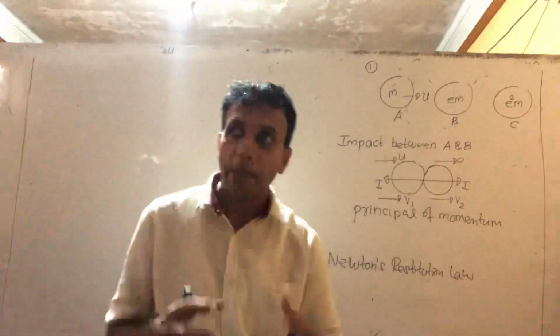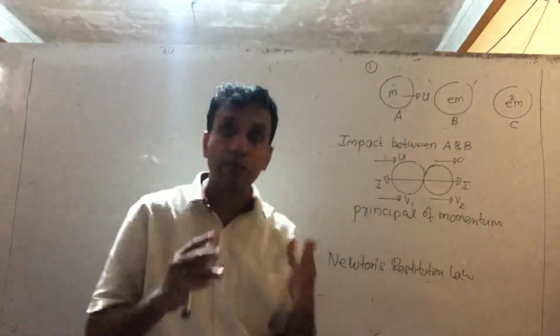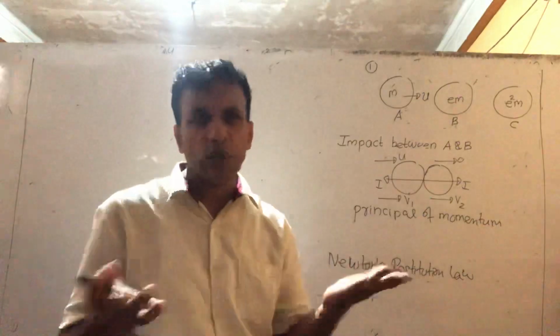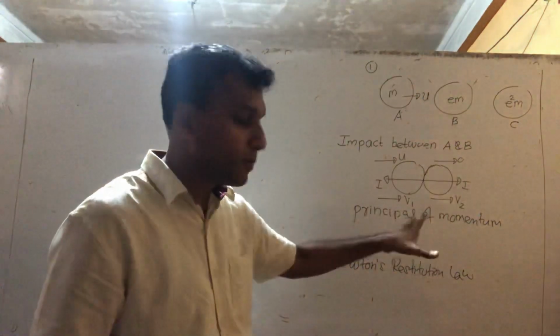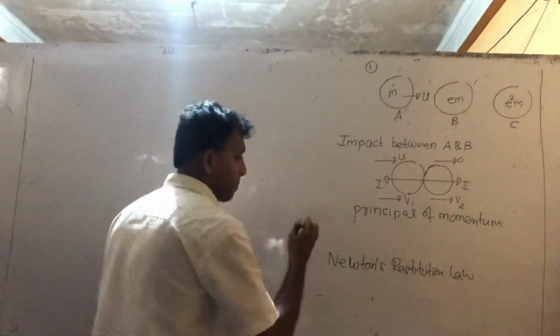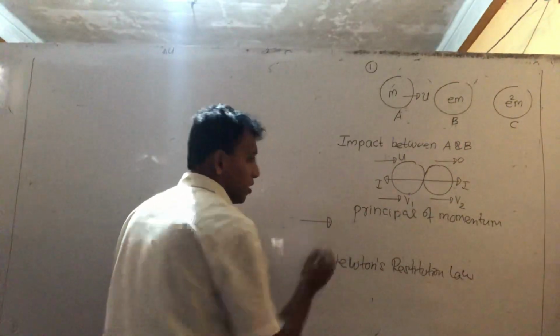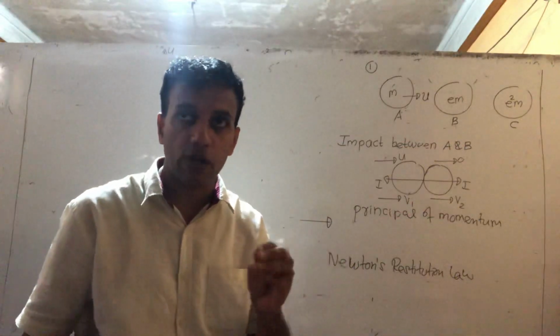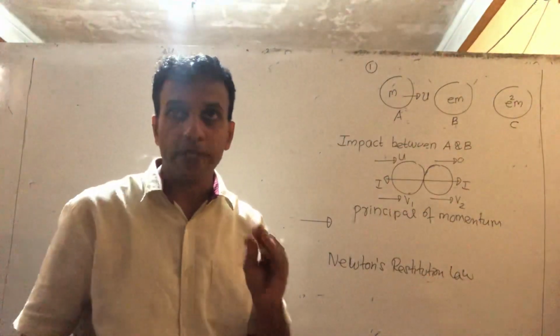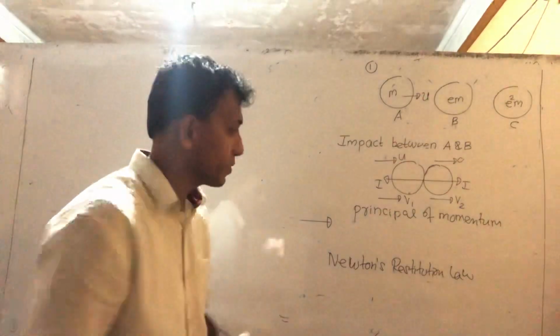So in a direct impact problem, we use the principle of momentum and Newton's restitution law. I apply the principle of momentum for this first impact. What is the principle of momentum? Initial momentum equals the final momentum. Momentum means mass into velocity.